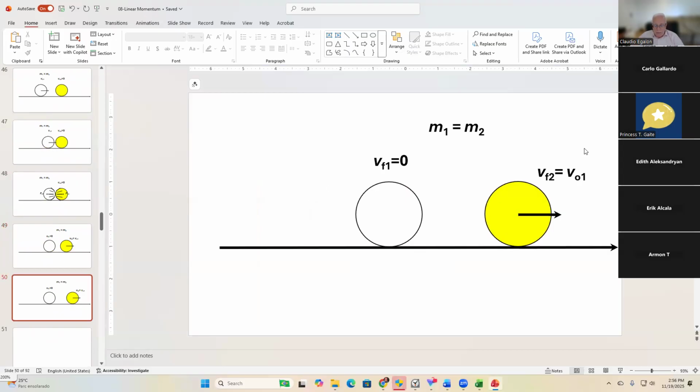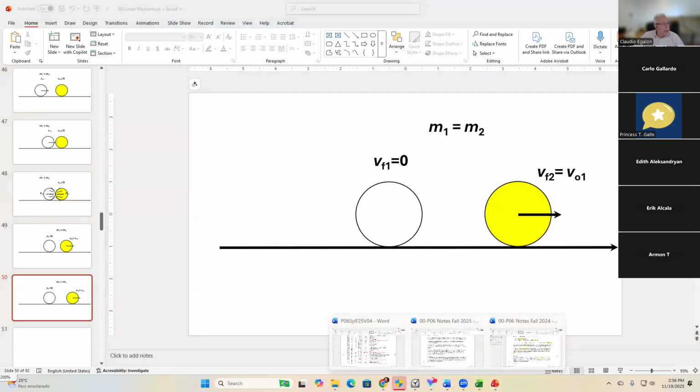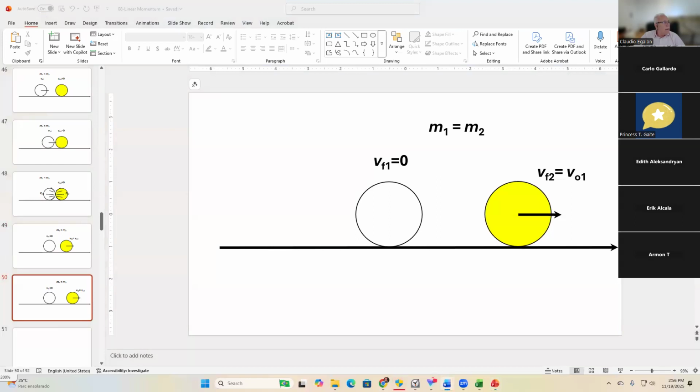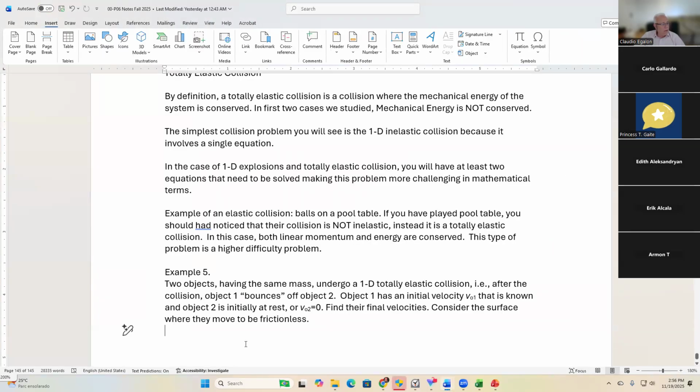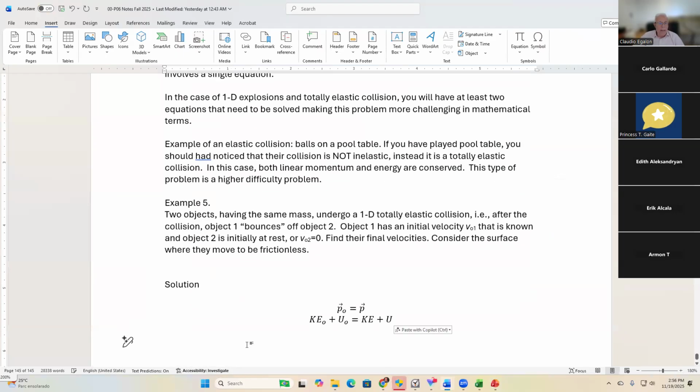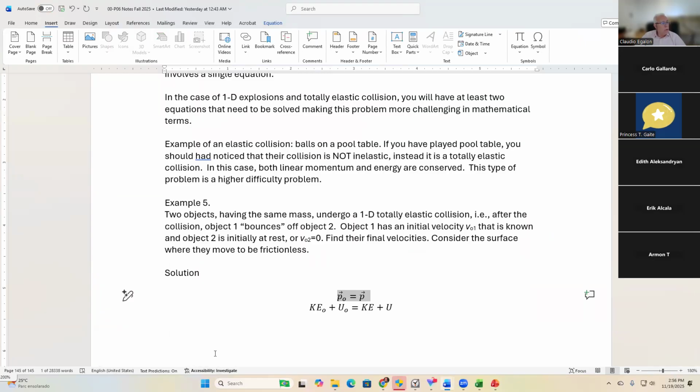So how do we do that? We do exactly what we have been doing before, but with the additional detail that we have to use conservation of energy in our equations. The problem is one-dimensional. Consequently, this equation, even though it's a vector equation, is going to end up being a single scalar equation.